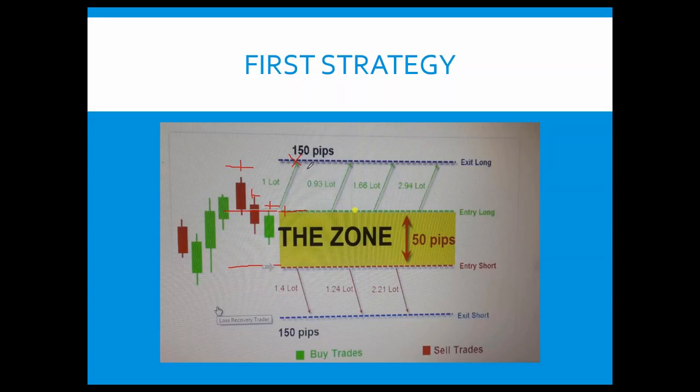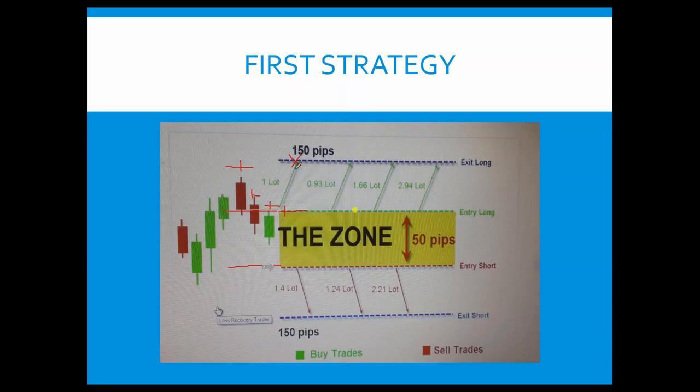Unfortunately, you don't want to be holding 10 or 15 lots of an instrument. It's very risky. You should really be using a lower lot size. I normally use 1 and 1.4, which is on one of my other screens, but this is just a different volume to show you that you can do it.